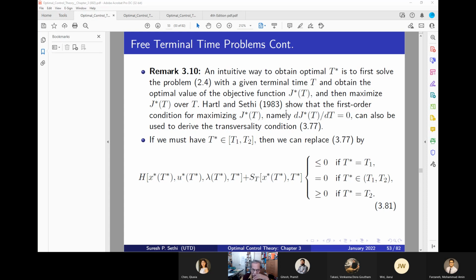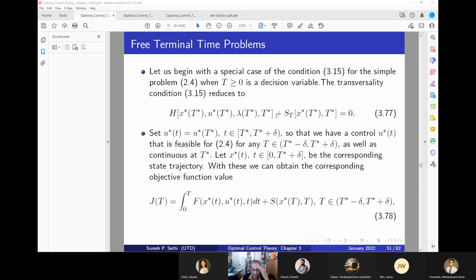So we were able to publish that, and in my own view, this is a more important paper than the credit it is given. Maybe it was published in a journal that was not as popular as Management Science. Okay. So what we're going to do is an intuitive explanation of this, and it goes like this.